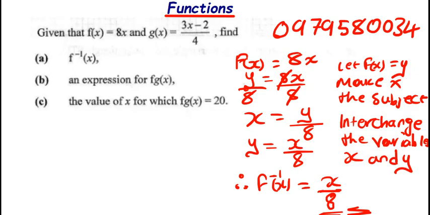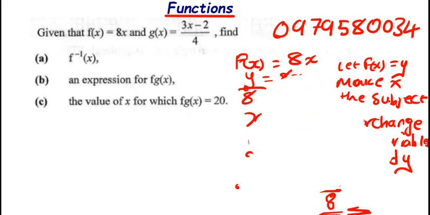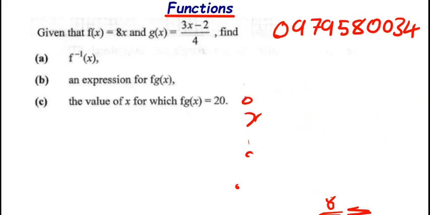Now they are saying find an expression for fg of x. Sometimes they might just say find the fg of x. So how do you find an expression? It is very simple as well. You say fg of x.